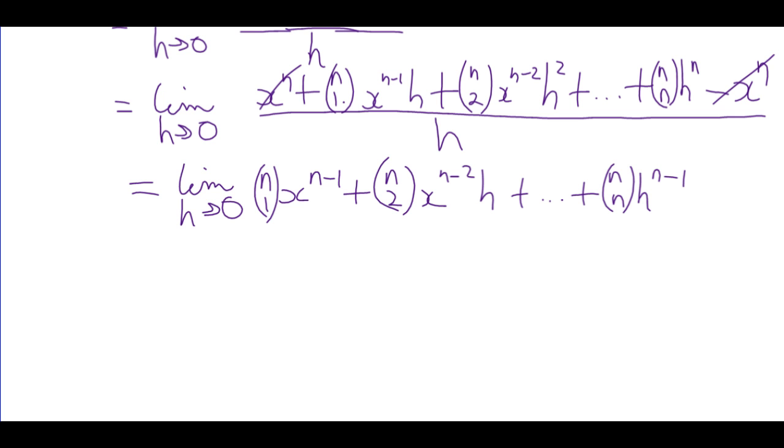So all we've done is taken the line above and divided each term by h. No more h on the bottom.